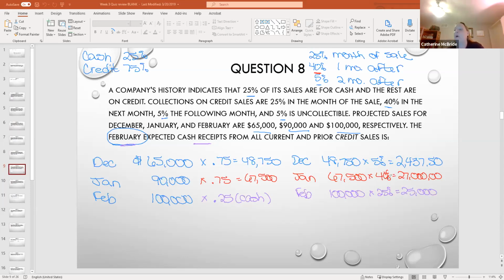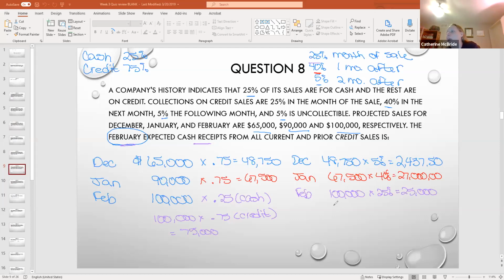And then we have the second part. So 75,000 was on credit, which equals $75,000 on credit. We collected 25% of that in the month of the sale.